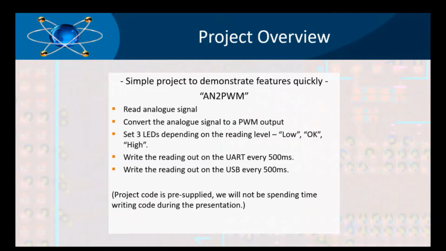We're going to scale the duty cycle of the PWM according to the level of the analog reading. And we're going to set 3 LEDs depending on the reading level: low, OK, or high. And we're going to write the reading out on UART every 500 milliseconds as well as on the USB every 500 milliseconds.